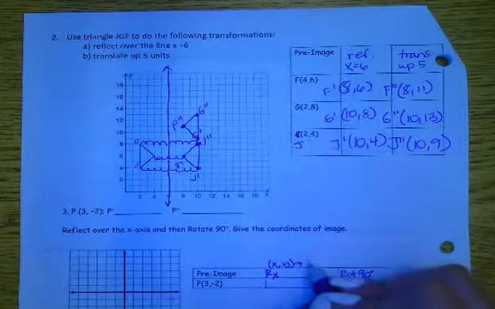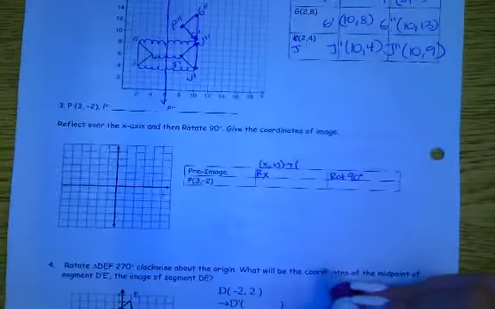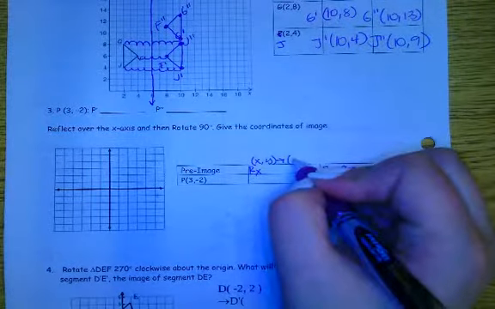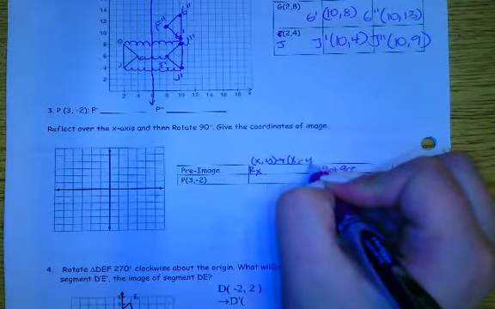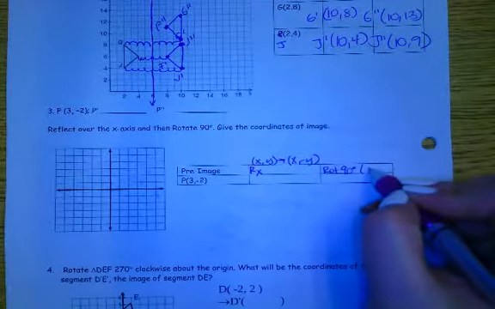What's changing when you reflect over x? Y, so there you go, x, opposite y. Okay, and then what's our 90-degree rotation rule? Negative y. Or yes, (x, y) yields (negative y, x).